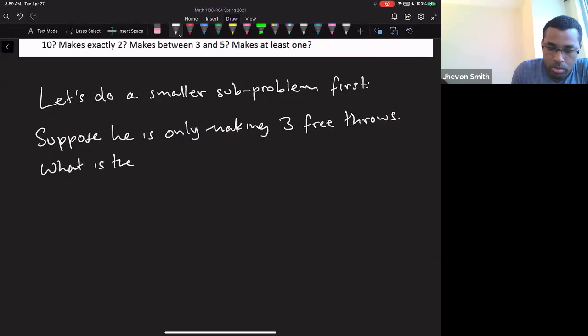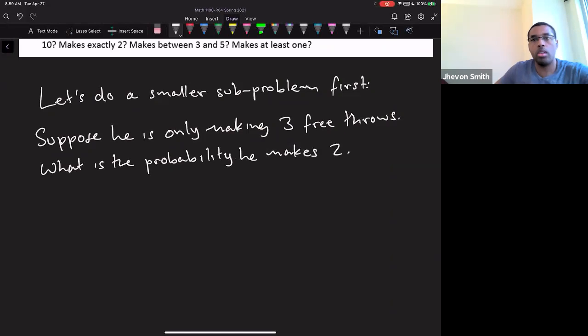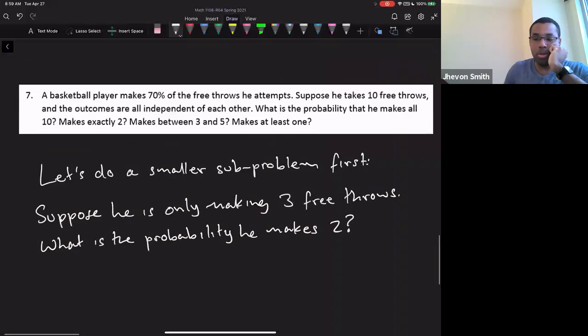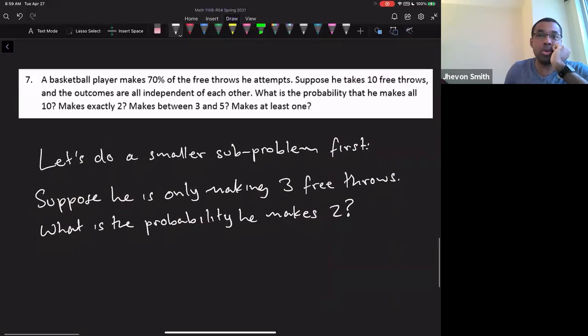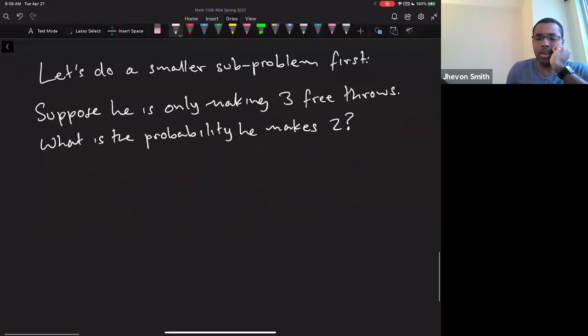What is the probability he makes 2? We're going to figure this out, and it's going to lead us into the way that we're going to want to attack that problem, because you're going to realize very quickly that if you attack that directly based on what I told you so far, it's going to be a while.